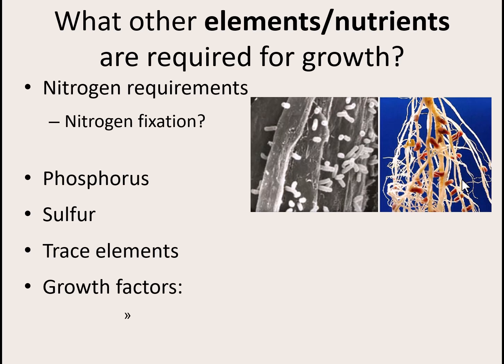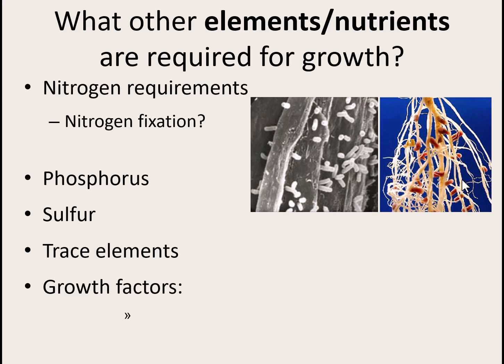Ammonia is used in a lot of chemical reactions for building up other molecules, but nitrogen gas that's in the air we're breathing right now is not a usable form. It can't be used in any chemical reactions. It's not reactive. It's very stable. It doesn't really want to do anything. But bacteria are known for doing nitrogen fixation. So they're taking unusable forms of nitrogen and turning them into usable forms.